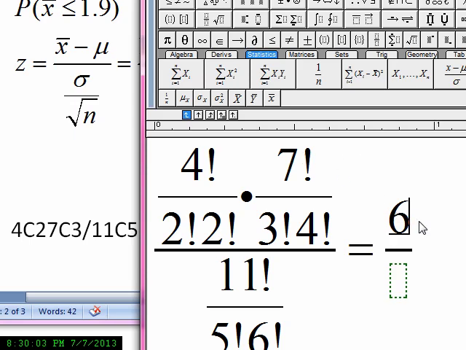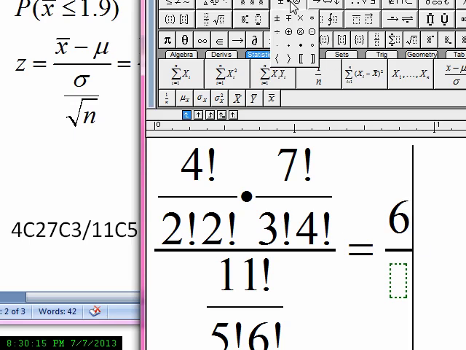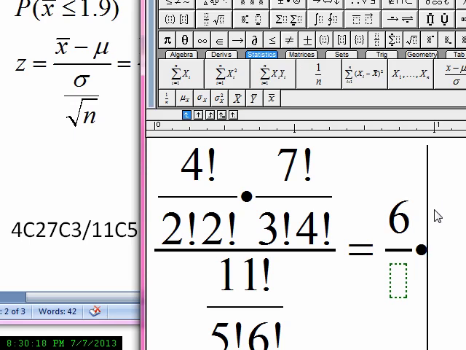And then you're going to have on the top for the next guy, 7 times 6 times 5 over 3 factorial.